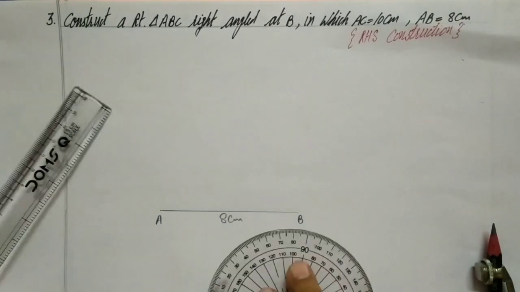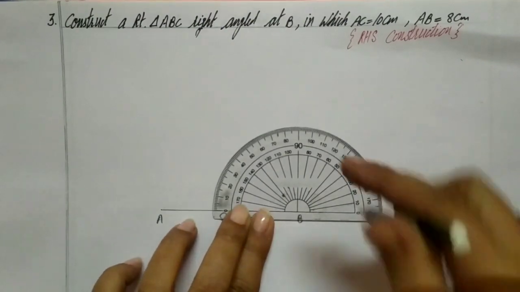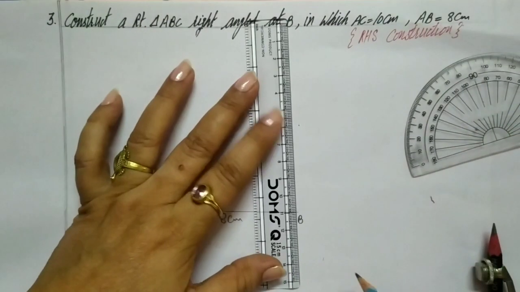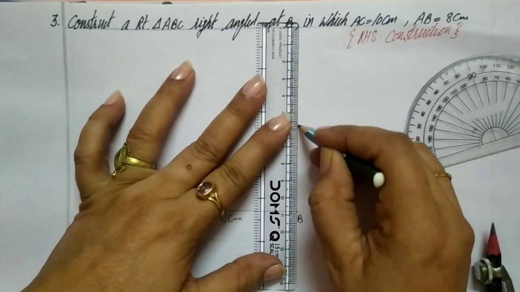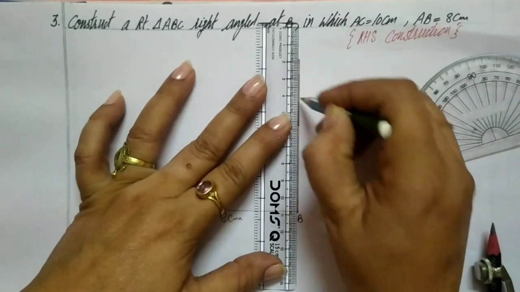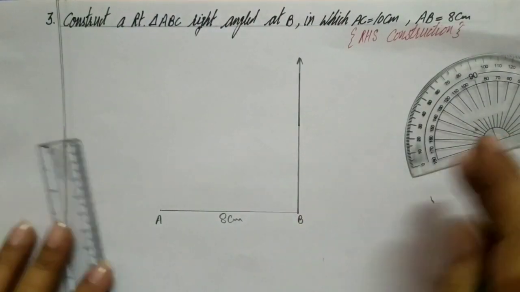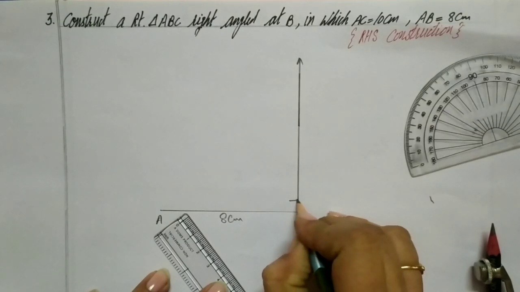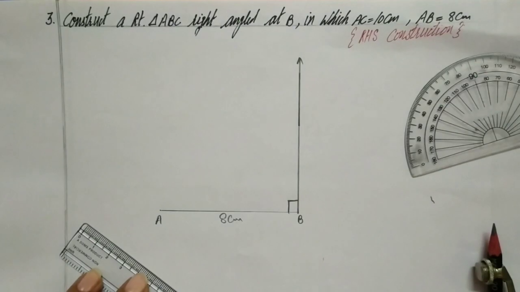At B we have to draw an angle of 90 degree because the triangle is right angled at B. This is the right angle. Now after this, what we have to do? This shows that this is the right angle.